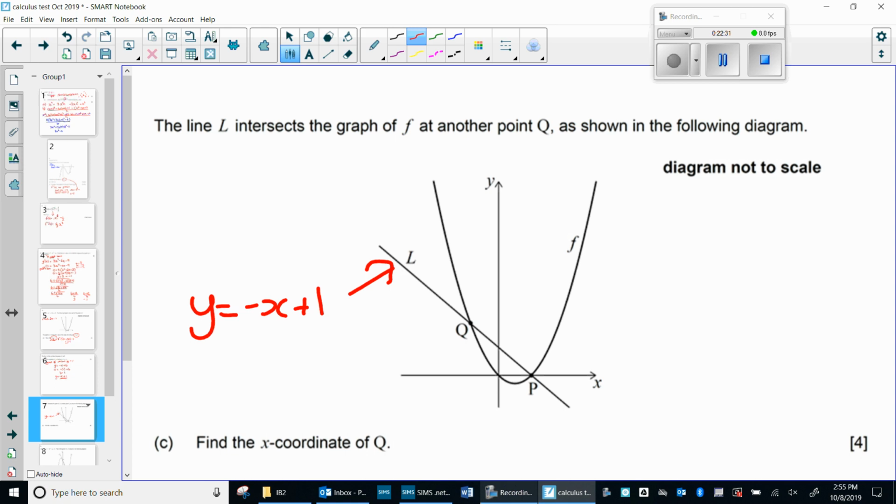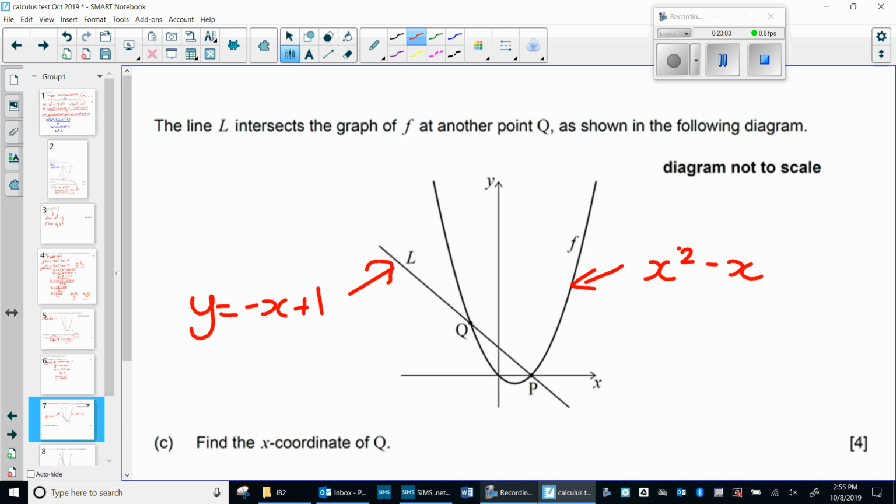What was this function here? What was the equation of this? x squared minus x. So the parabola was x squared minus x. This equation here was negative x plus 1. Now, appreciated, if you didn't get part B, you wouldn't have been able to do part C. Okay? So if you were hung up then this would have been an issue.